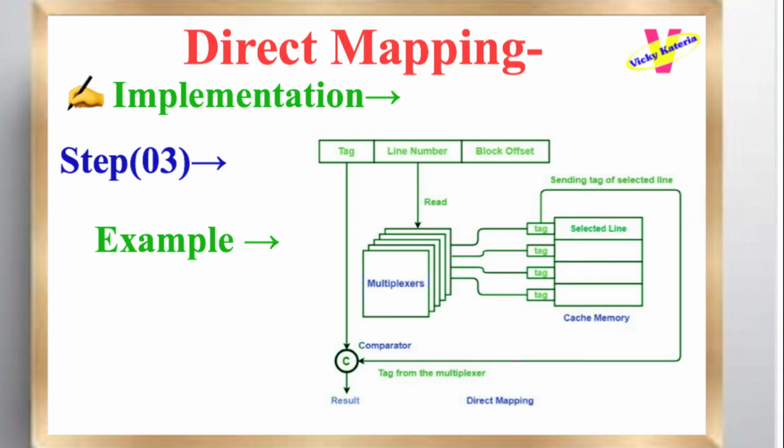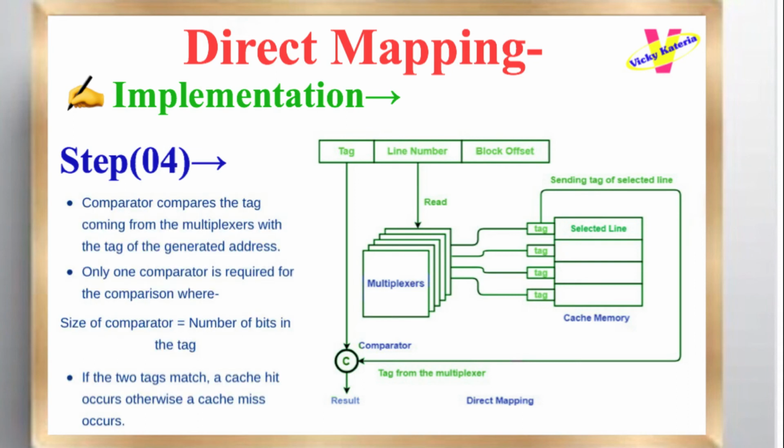Step 4. The comparator compares the tag coming from the multiplexers with the tag of the generated address. Only one comparator is required for the comparison, where the size of the comparator equals the number of bits in the tag. If the two tags match, a cache hit occurs, otherwise a cache miss occurs.